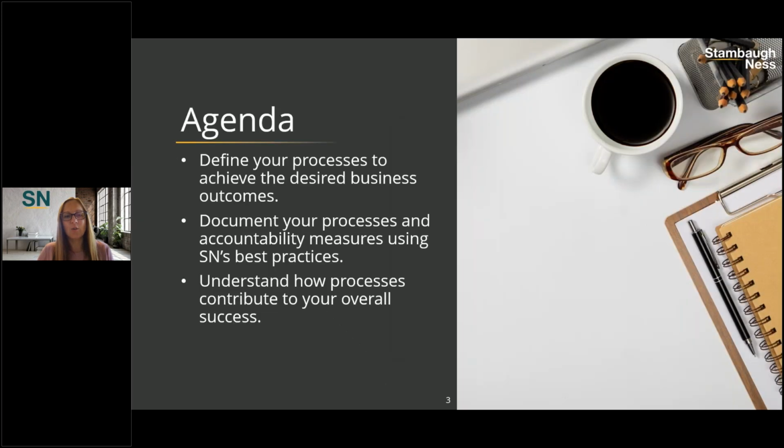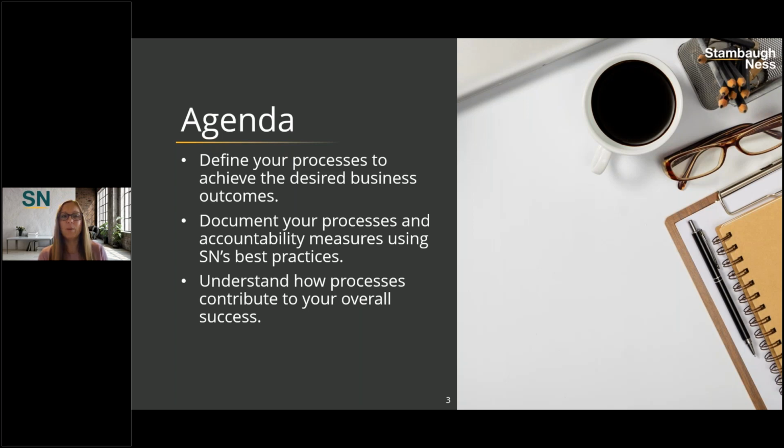Hopefully you'll take away at least one gold nugget here as we walk through processes. That's the topic for today. We're going to talk about how you can define them to achieve the desired business objectives, how you should approach documenting your processes, and then measures that you can put into place to hold people accountable. Certainly, I hear that word used a lot.